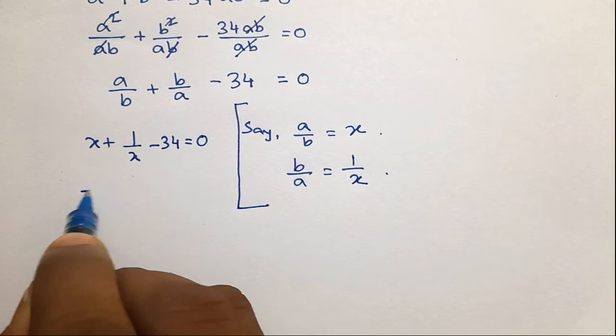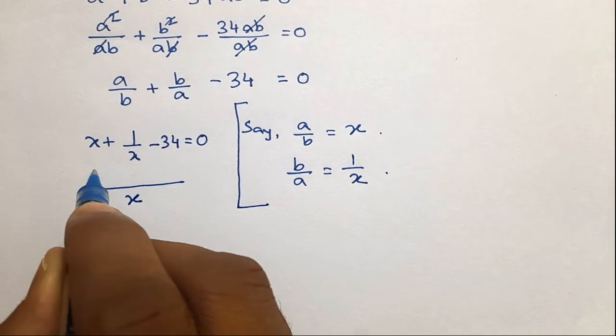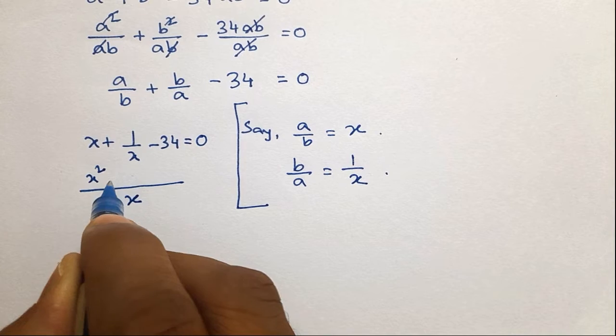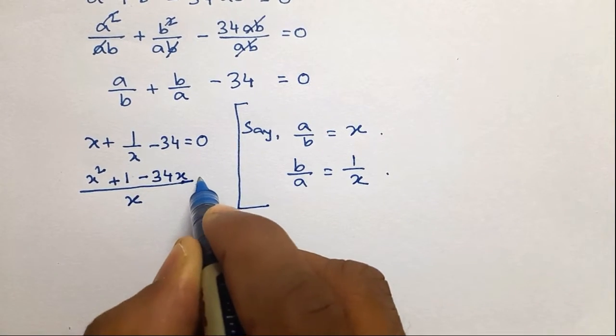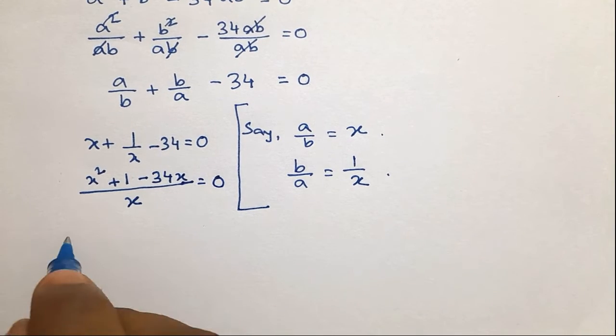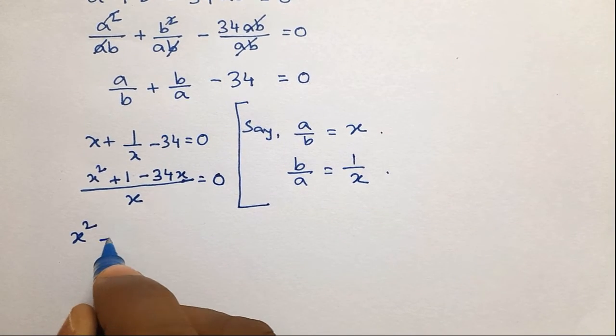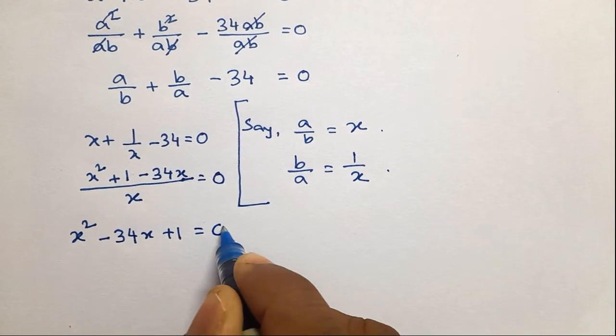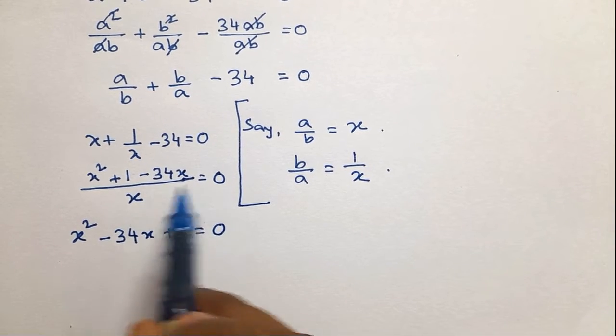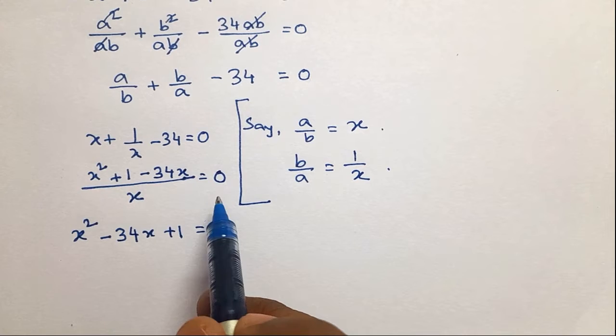Now if we take the LCM of x, then it will become x square plus 1 minus 34x is equal to 0. Or we can write this as x square minus 34x plus 1 is equal to 0 by multiplying both sides with x in this equation.